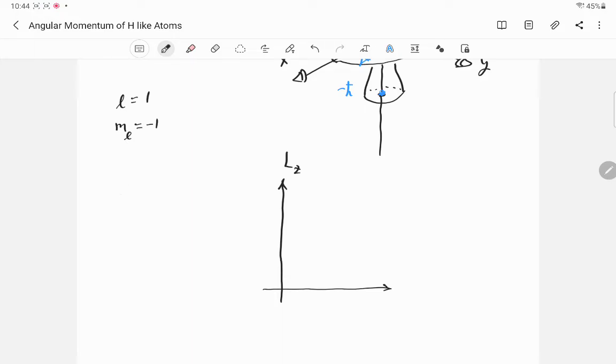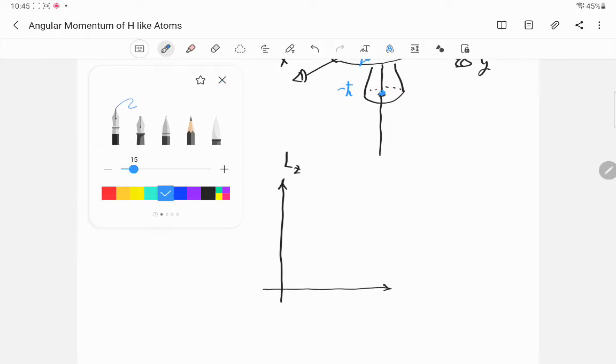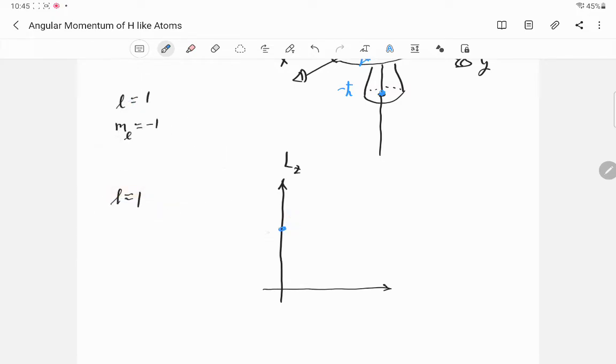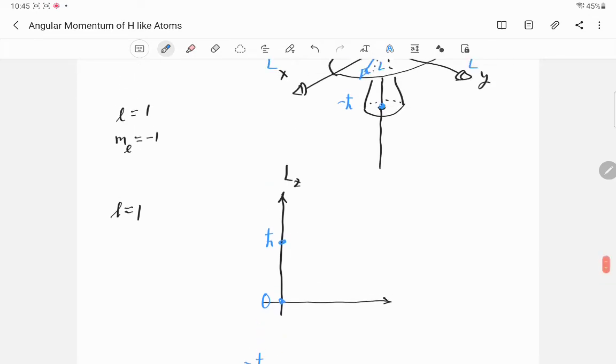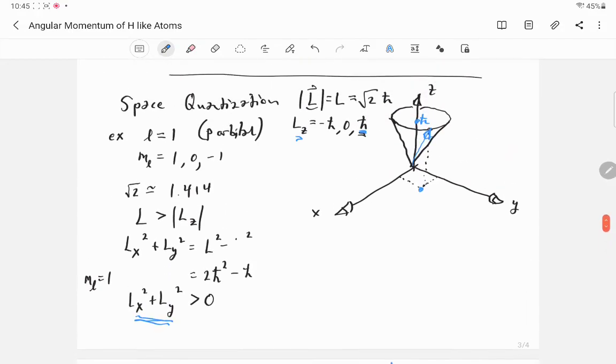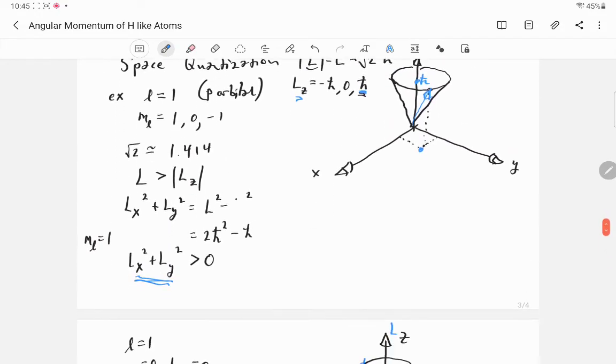And for l equals 1, we can only have h bar, 0, or negative h bar for the L_z values. But the L vector needs to have a length of square root of 2 h bar.